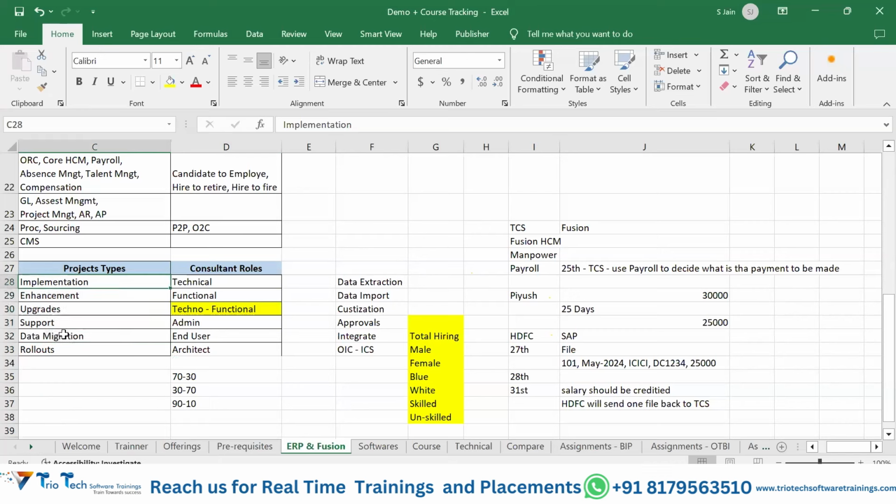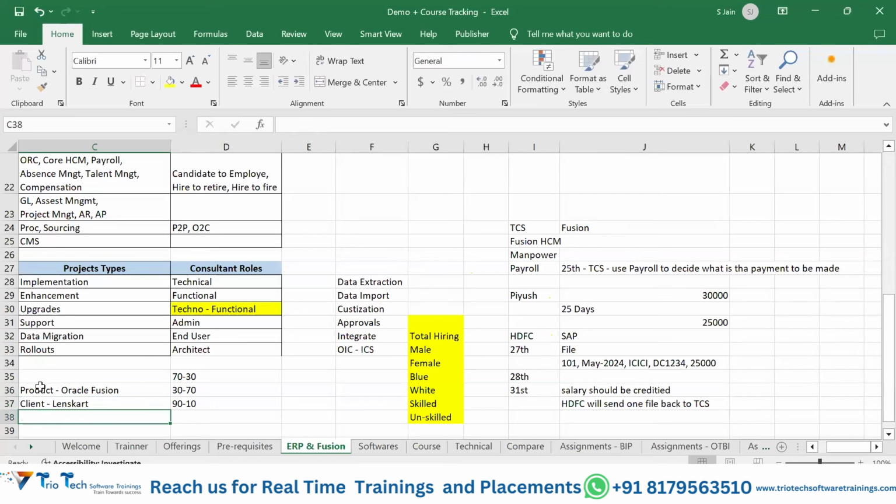Suppose Oracle is a product based company. The product is by Oracle. Oracle Fusion is the product. There is a client company, maybe Lenskart.